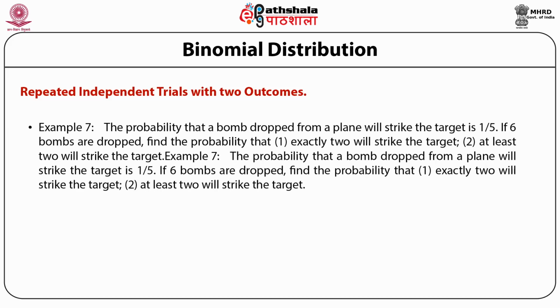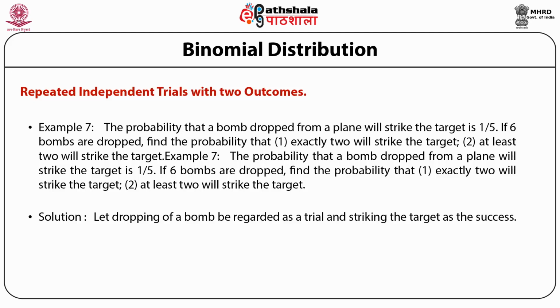The probability that a bomb dropped from a plane will strike the target is 1 by 5. If 6 bombs are dropped, find the probability that exactly 2 will strike the target, and second, at least 2 will strike the target. Let the dropping of a bomb be regarded as a trial and striking the target as the success.